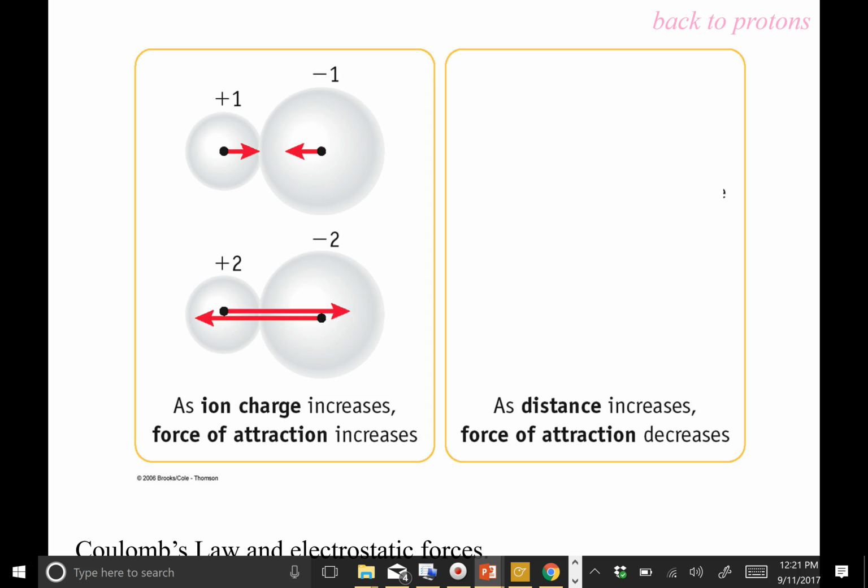So how would you compare the magnitude of the forces there? Between this pair of ions and this pair of ions, which one's stronger? The 2, exactly. All that's saying is, intuitively, you might imagine, they're drawn closer together, or they're drawn by a stronger force.